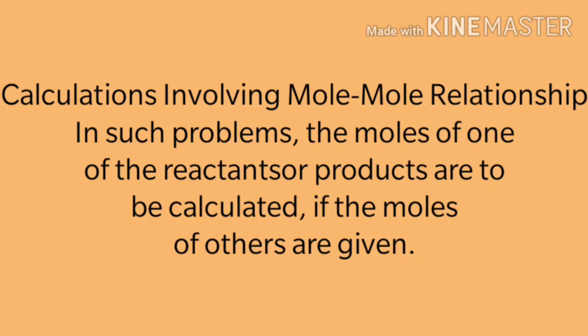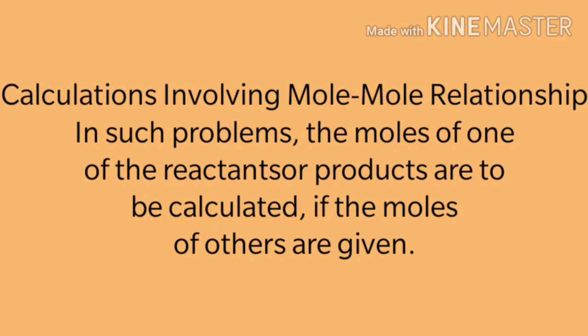In such problems, the moles of one of the reactants or products are to be calculated if the moles of the others are given. I am repeating, this is the mole versus mole relationship. So this is a way to find out the mole-mole relationship.